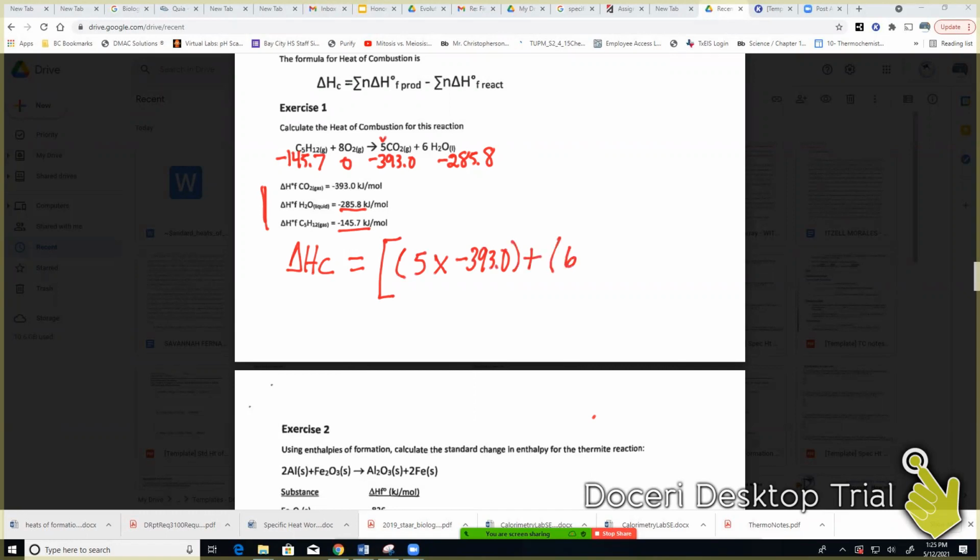I have 6 moles, so 6 times negative 285.8. And that takes care of my products. I have everything. So that's my summation of my products. I subtract my reactant. I have only one reactant, and it doesn't even have a coefficient. So it would just be negative 145.7.